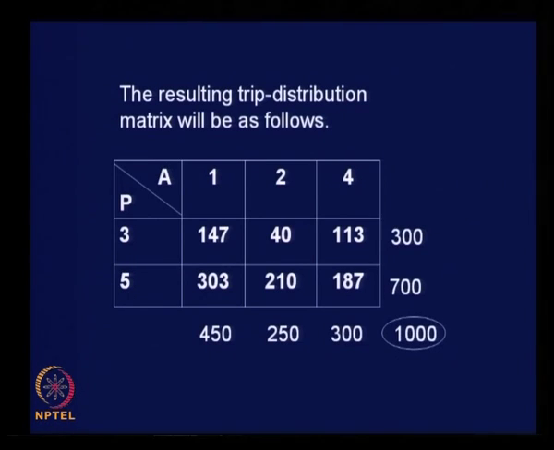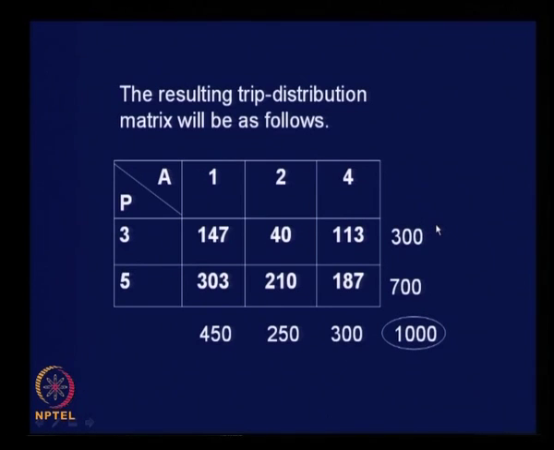Please note that these numbers were given to us, right. P3 was 300, P5 was 700, A1 was given to us as 450, A2 as 250 and A4 as 300. Had I changed this 40 to 41, we will have a problem here.